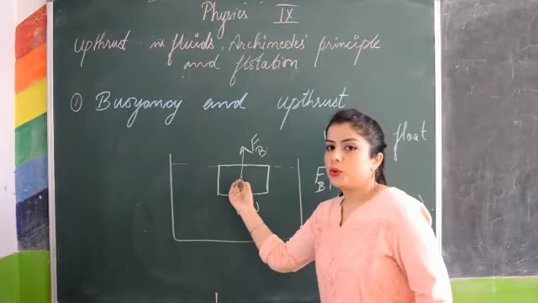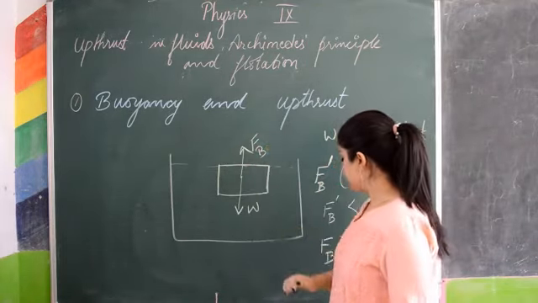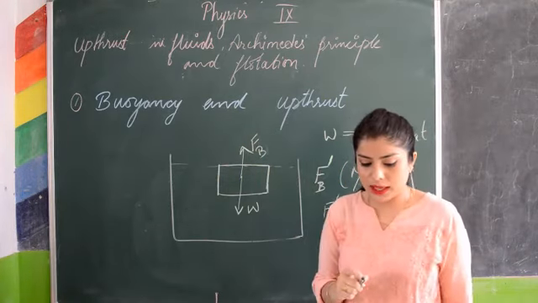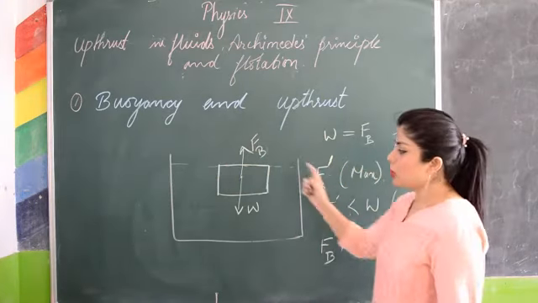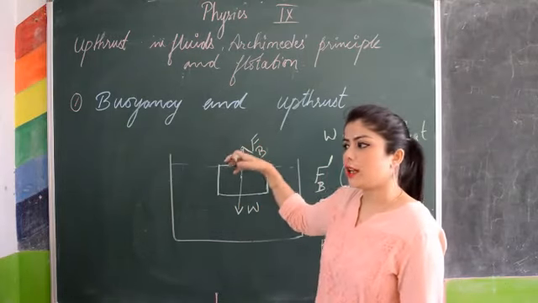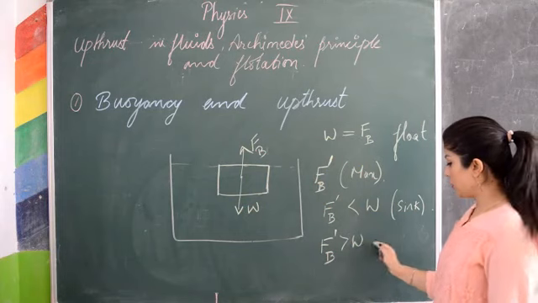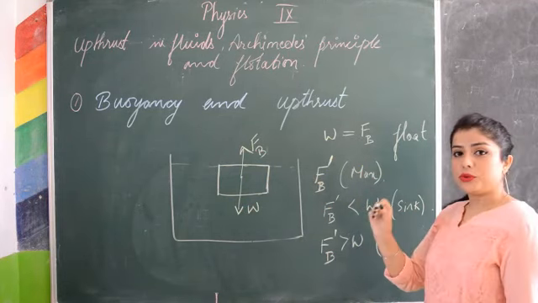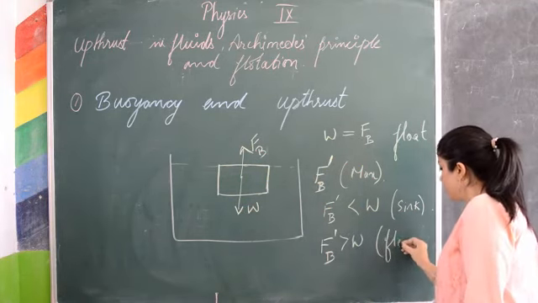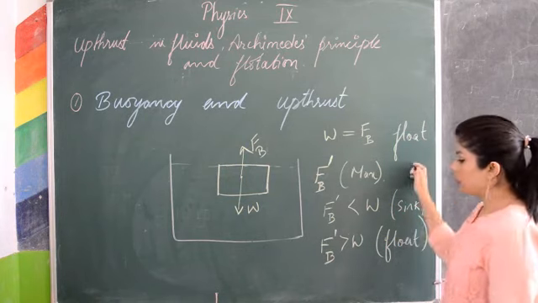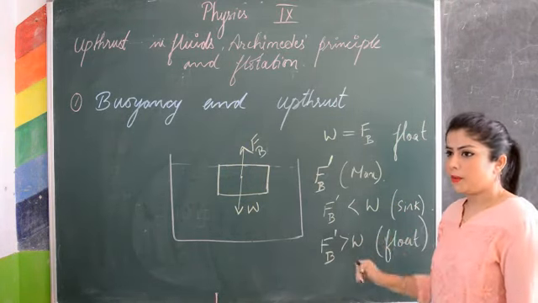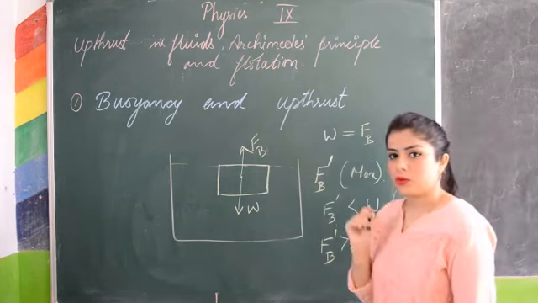The upthrust of the water, that is FB, or the maximum upthrust, FB dash, will not let the object sink, it will not let the object go down. So the upthrust is more than the gravitational force. In this case also, the object will float. So these are the three conditions which you need to remember, at which point the object will float and at which point the object will sink.